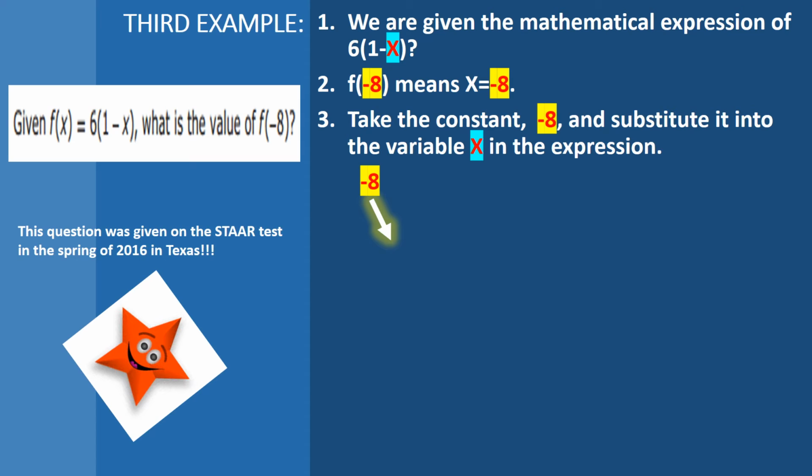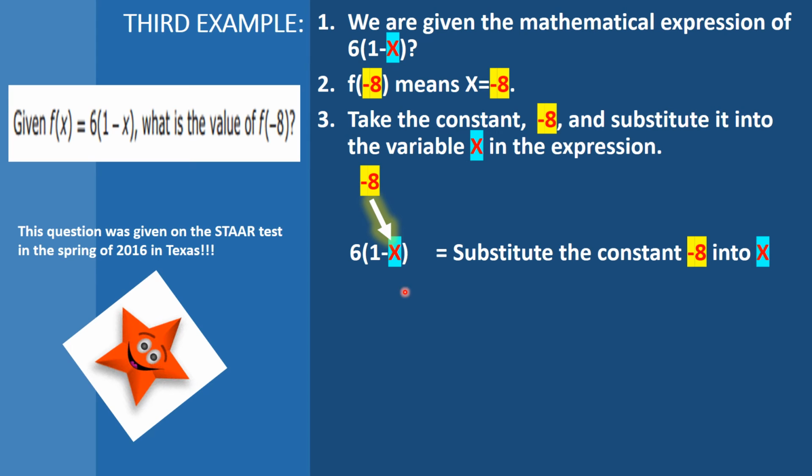Now, third thing we're going to do is take that constant negative 8 and substitute it into the variable x in our mathematical expression. So here's our mathematical expression, 6 times the parentheses 1 minus x, and we're taking negative 8 and putting it into that parentheses. So we substitute the constant negative 8 into our variable x.